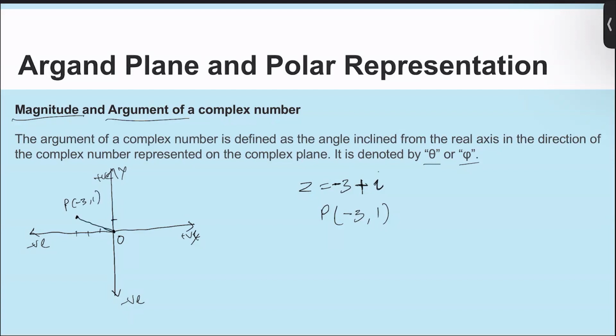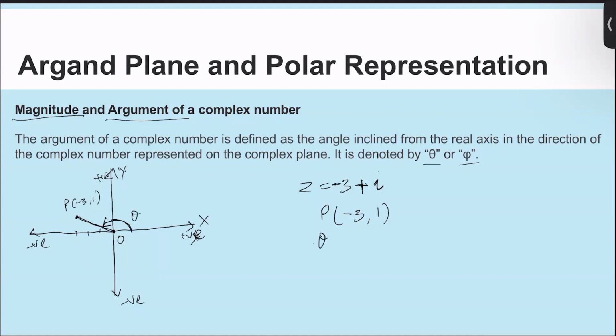You draw a line, and this angle, measured from the positive x-axis, the positive real axis, to the complex number, in the direction of the complex number, is theta.